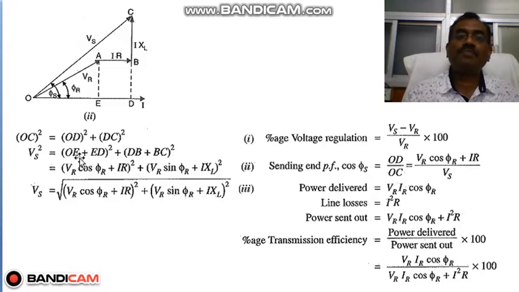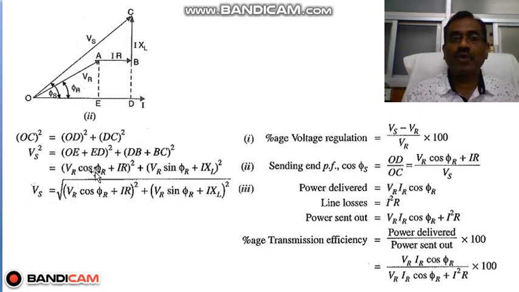So now OE is, see, consider the triangle OAE. So what is OE? OE is OA cos phi r, right? So what is OA? VR.